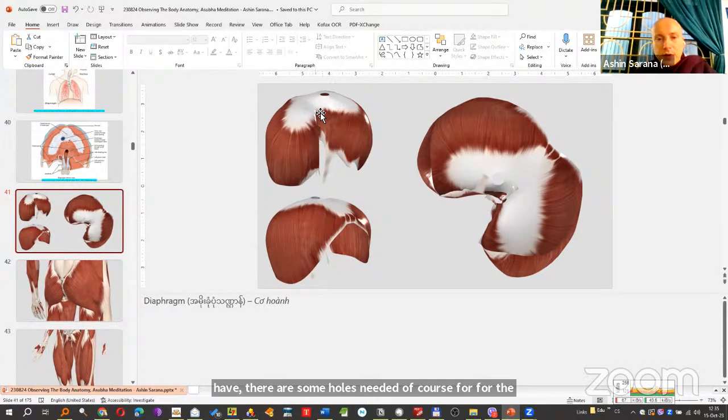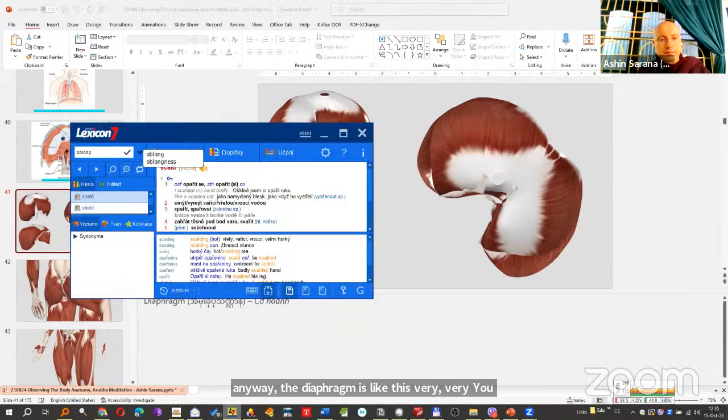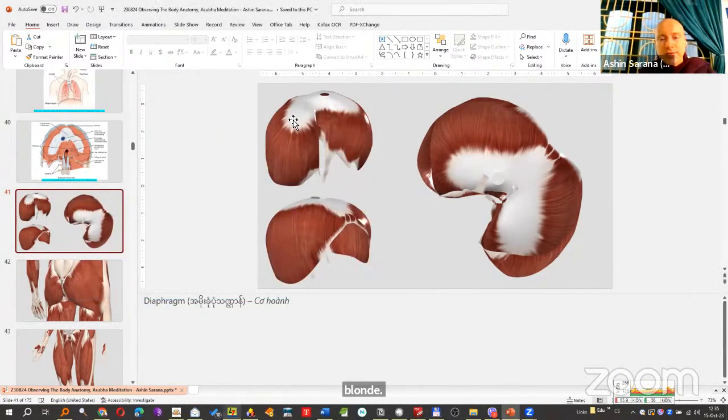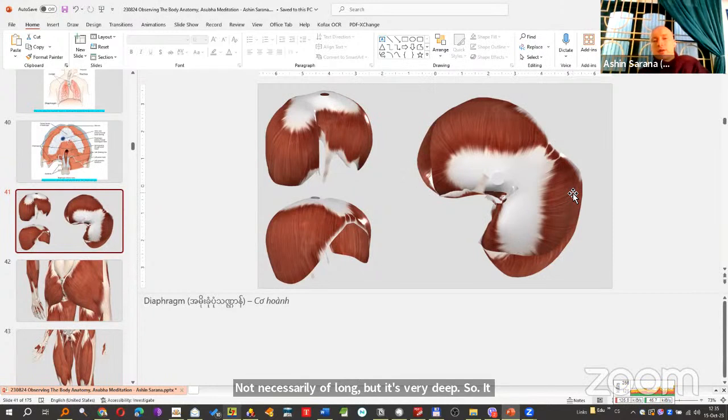Not sure if all of the holes are here in these pictures, but anyway, the diaphragm is very deep, so it covers a large part of the middle abdomen.